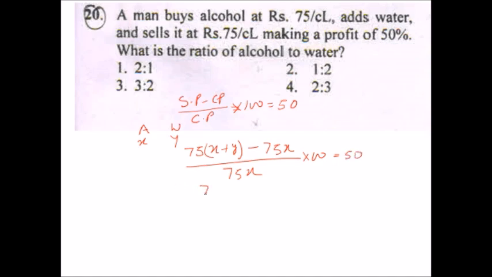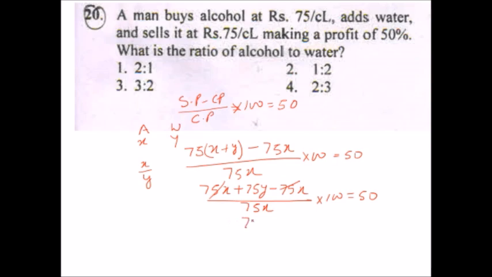When you solve this, you will get 75x plus 75y minus 75x by 75x into 100 equals 50. What we have to calculate is x by y. So let's express it in terms of x by y. You have to cancel out here. Oh sorry, I forgot to write x here.